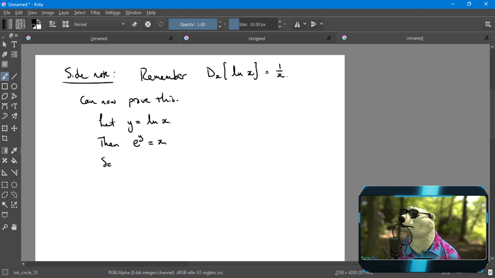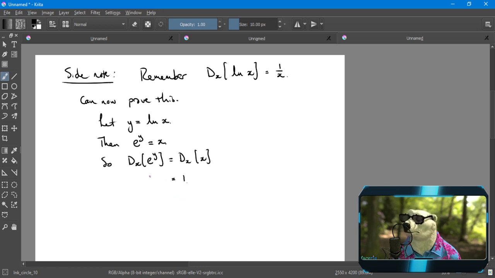Now, we are going to do implicit differentiation, x is my variable, on this equation. On the right, it's easy. Derivative of x with respect to x is 1.